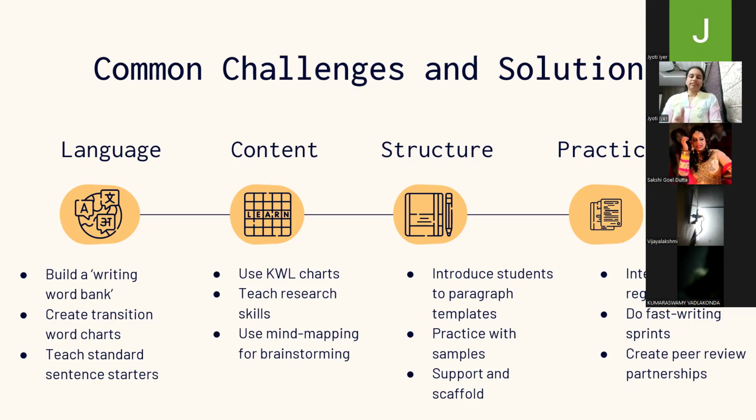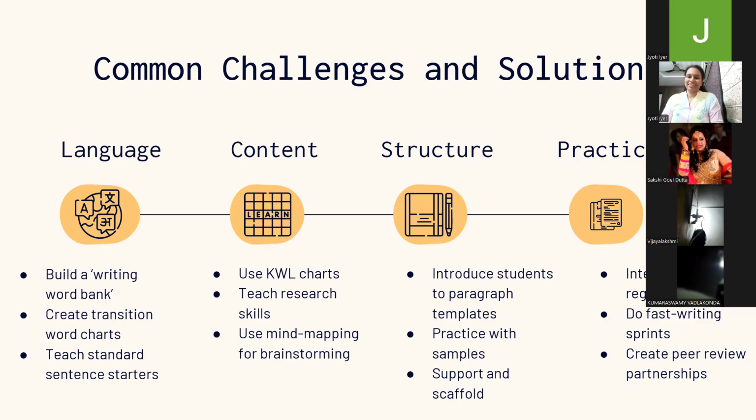Also teach them research skills, because many a time I have seen this happen where we ask children to bring some information, do some research of your own. They copy paste from Wikipedia and don't even bother deleting those numbers that are there for the bibliography.